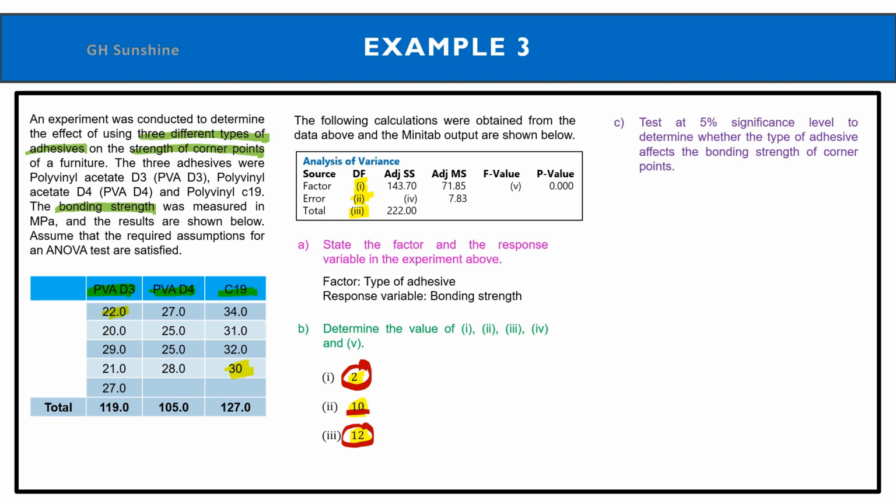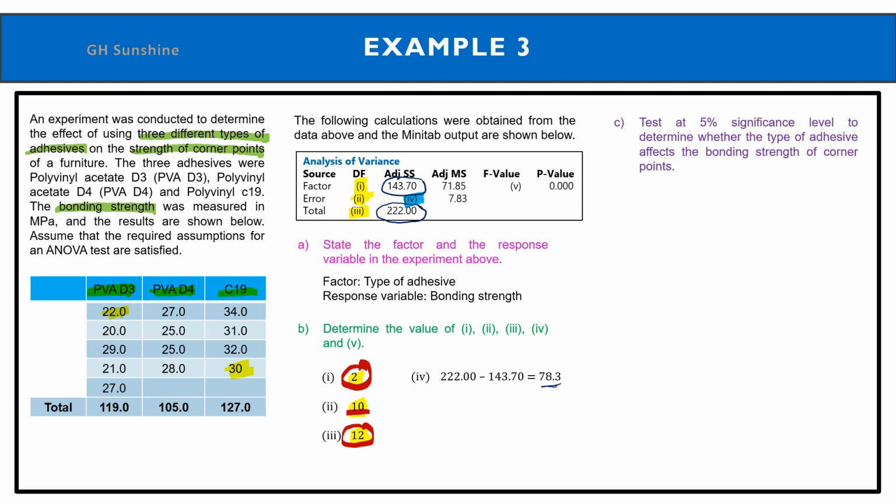Next, for here, sum of squares of error. So SSE calculated from here. 222 minus 143.70. Therefore, number 4 equal to 78.3.